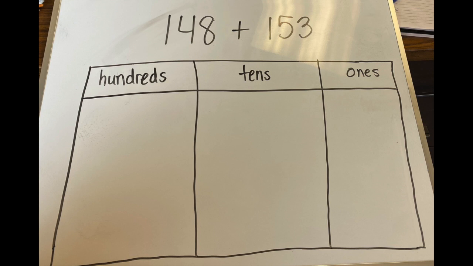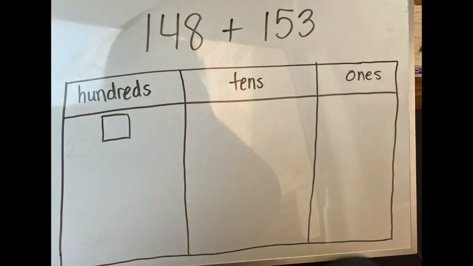I'm going to look at the hundreds place, and oh my goodness, I see a 1 in my hundreds place, right in 148. So I'm going to draw one square in the hundreds place, and that just means 100. All right, so I have my 100 for that number.